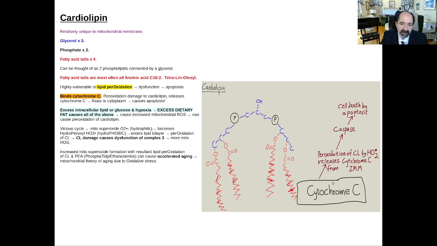But if the cell just rapidly dies, then its inner contents are spilled out through a gap in the plasma membrane, and it just causes a lot of inflammation. It's a big mess that has unusable chemicals. So that's why apoptosis is so common in the human body. But the point I'm making is lipid peroxidation of PUFAs, polyunsaturated fatty acids in particular, leads to this cascade chain reaction of destroying mitochondrial membranes.